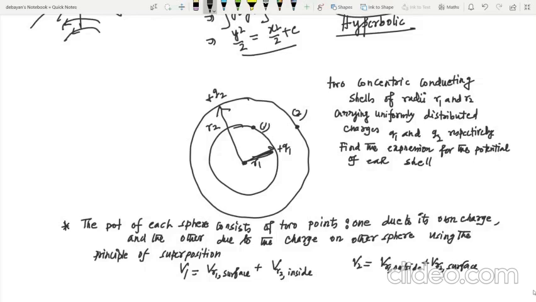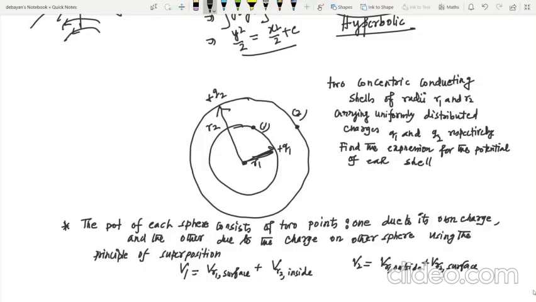The surface potential is Q2 by 4 pi epsilon naught R2. So in this way we can find the potential.